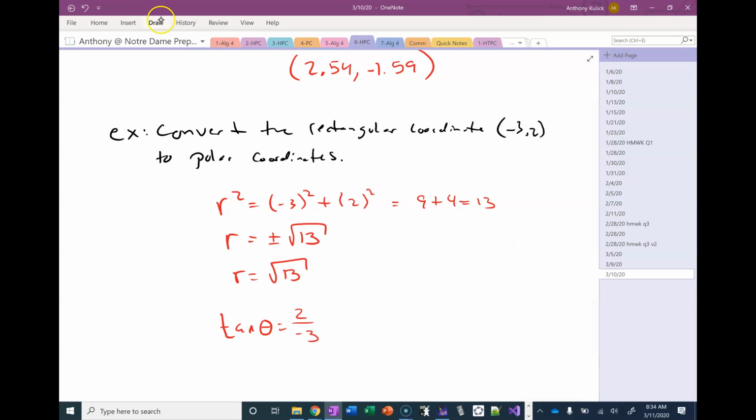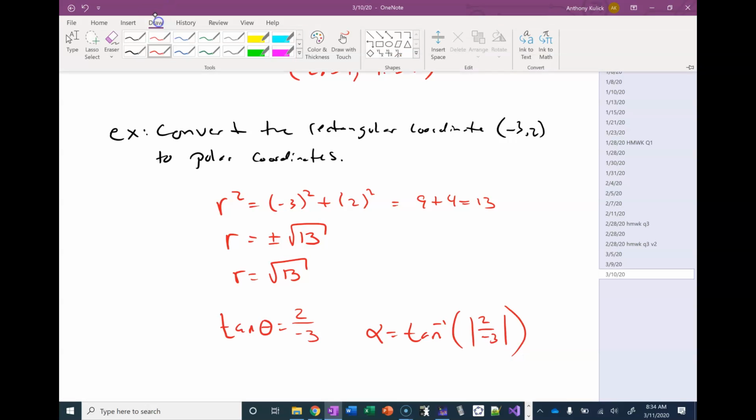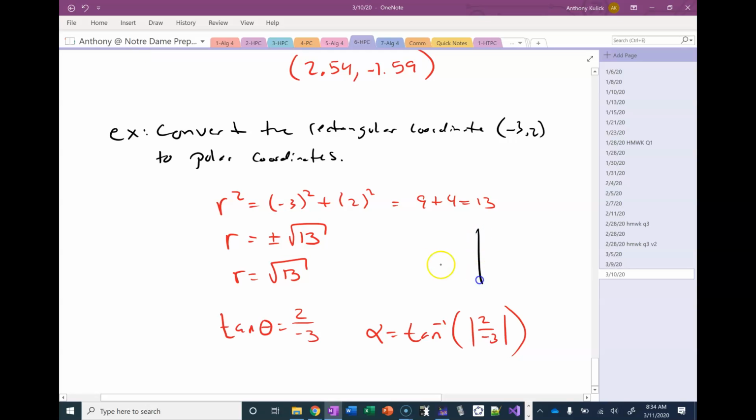So what I'm going to do is solve for a different angle called alpha by doing the tangent inverse of the absolute value of 2 over negative 3. We're looking for this angle theta. What we're finding here is this angle alpha.